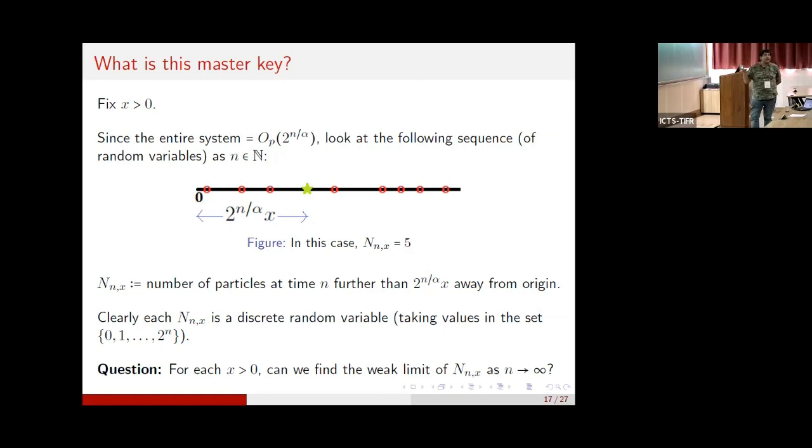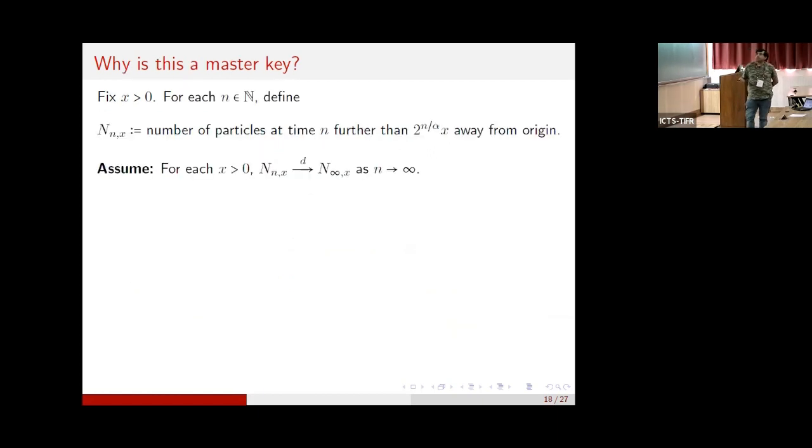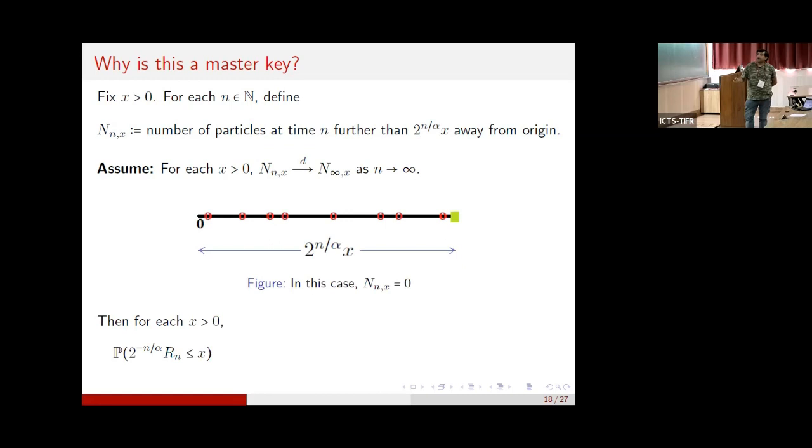Now, how does that help? Let me just try to tell you how it helps. If you somehow know the limit, somehow are able to calculate this limit of these guys, then you can recover Rigdurett's result, for example. So here, you divide R_n by 2^n over alpha. I want to find the scaling limit of this guy for every fixed x.